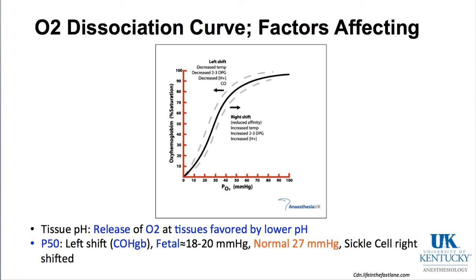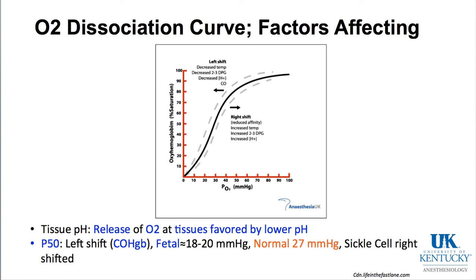And alkalosis and carbon monoxide can shift the curve to the left. So for tissue pH, the release of oxygen to the tissues is favored by a lower pH, a right shift of the oxyhemoglobin dissociation curve.